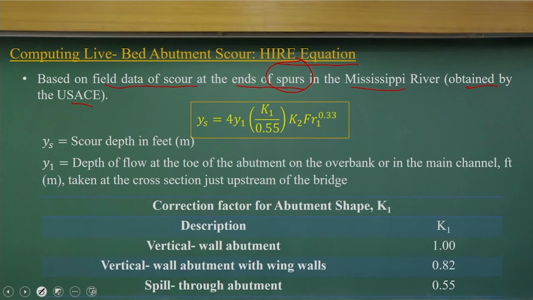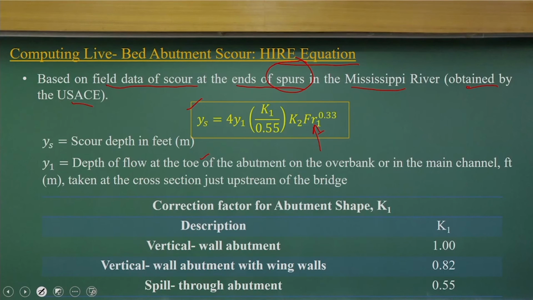The scour depth in feet is a function of the upstream flow depth and Froude number, with K1 a correction factor and K2 a correction factor.